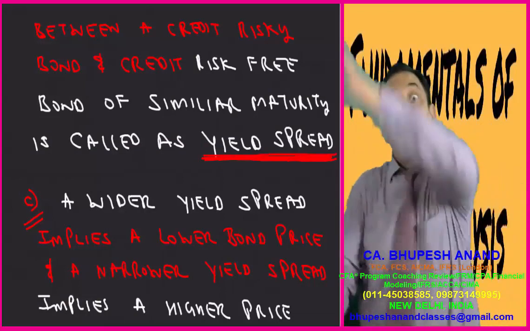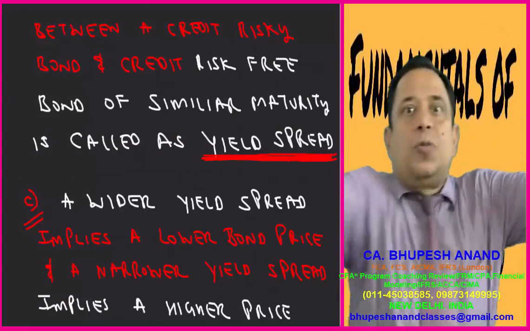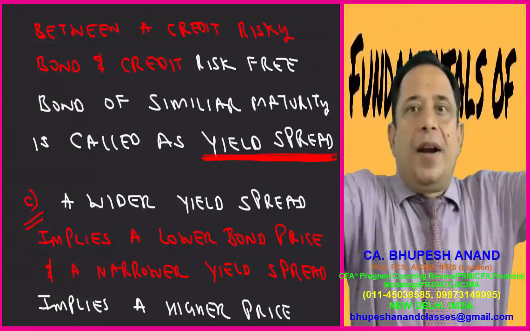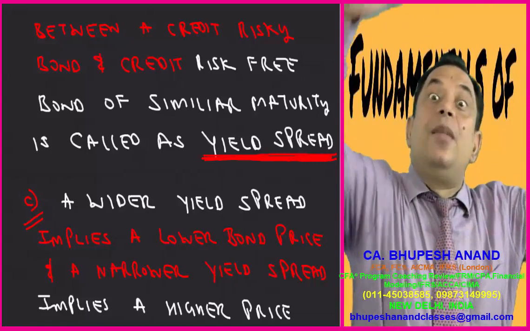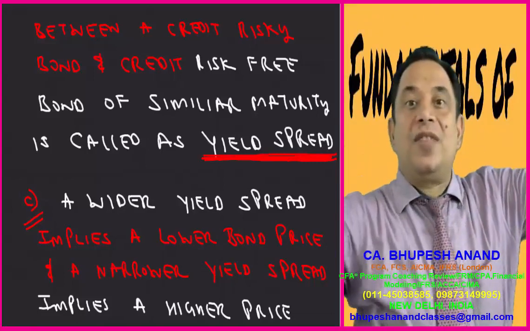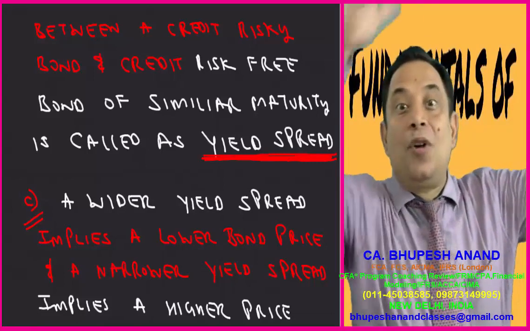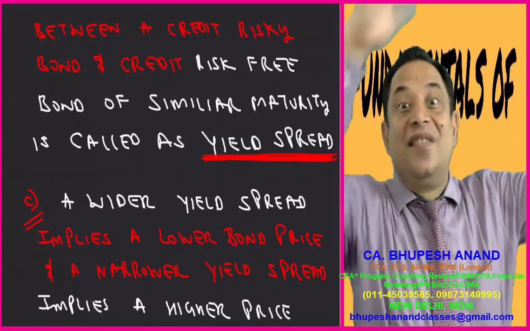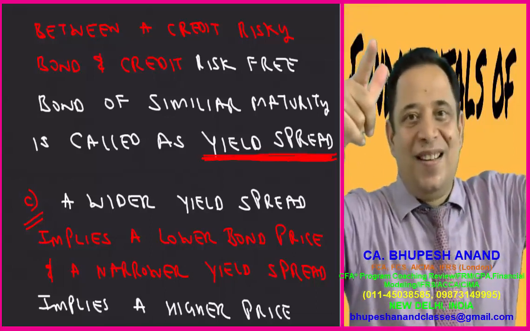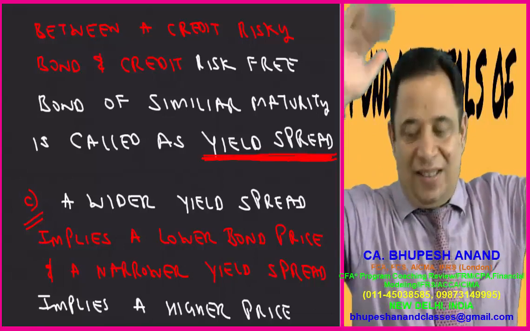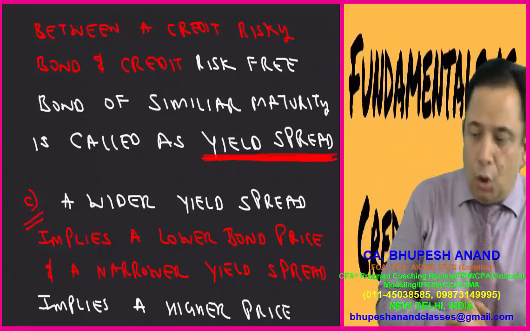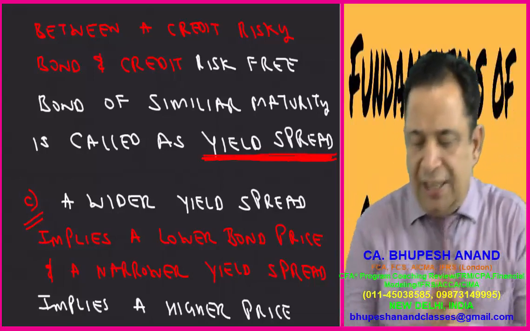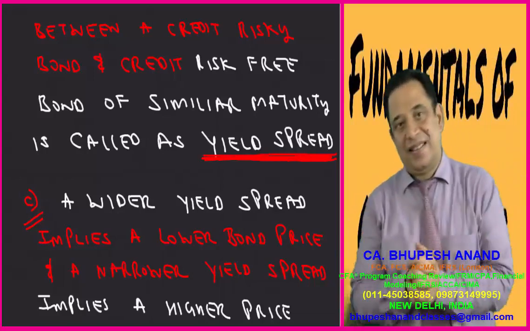The wider the yield spread, YTM will be increasing, and when YTM is increasing, the bond price will decrease, because YTM and bond price have an inverse relationship. Getting my point? We have discussed this in so many lectures. So please write down: a wider yield spread implies a lower bond price and a narrower yield spread implies a higher price.